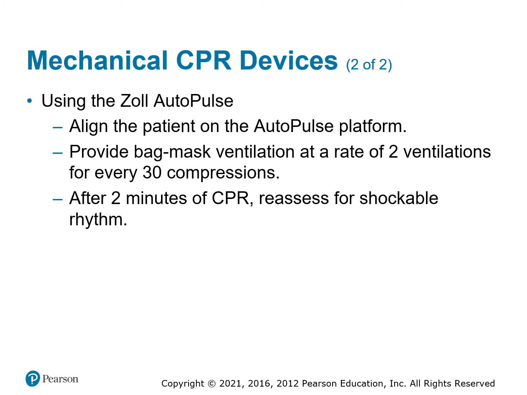The other option is the Zoll AutoPulse. It's a backboard with a strap that goes around, and it squeezes down on the chest and has circumferential compressions. You can defibrillate with these on, you can ventilate with these on. Some of them have built-in ventilation, some of them tell you when to ventilate. So know your system.